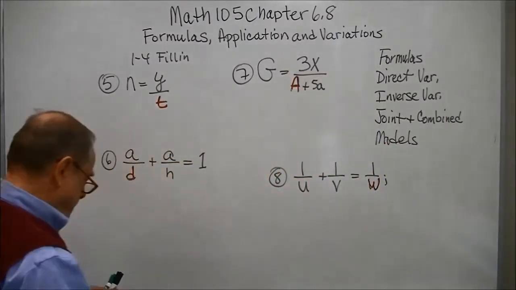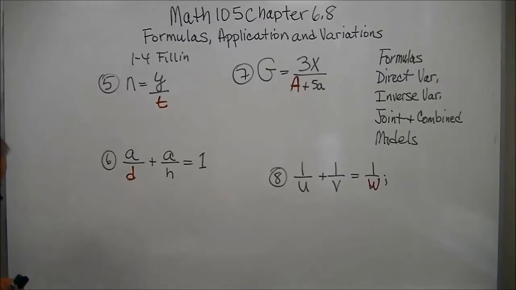Okay. Now you recall way back in an earlier chapter, we talked about strategies for solving equations. Well, the first thing we want to do is get rid of fractions. So we have a couple of fractions here. Then get rid of parentheses, but we have no parentheses here. So let's get rid of fractions.